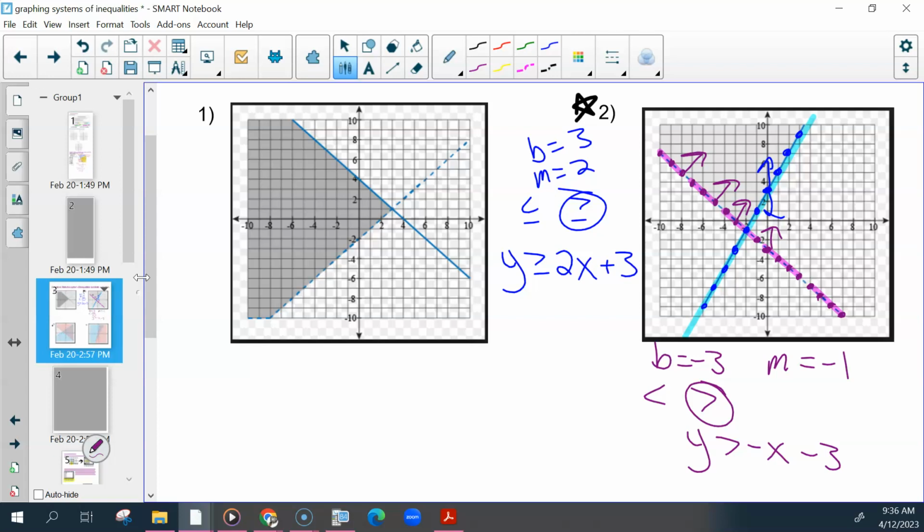So look at the shaded area that is overlapping. Find one point that would be a solution. This could be anyone. Someone give me one point that would be a solution in this. Sure.